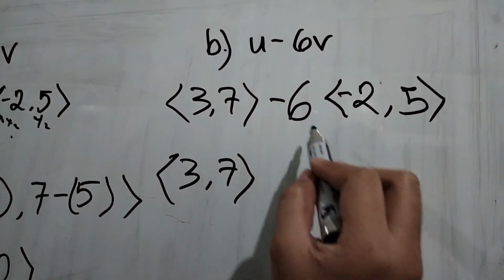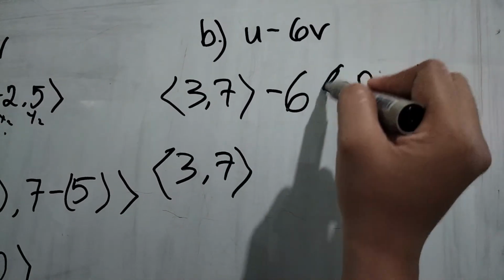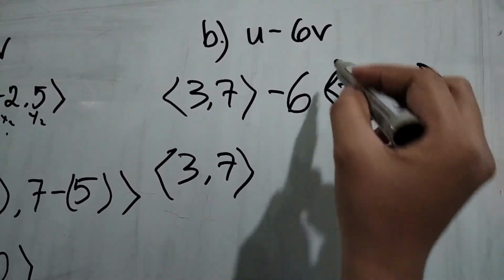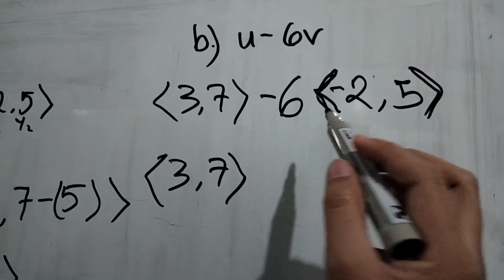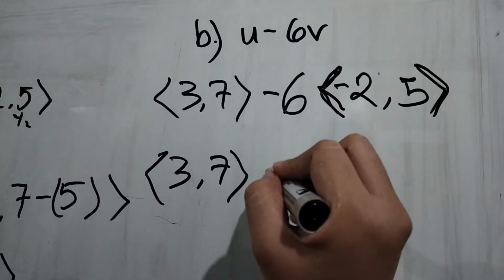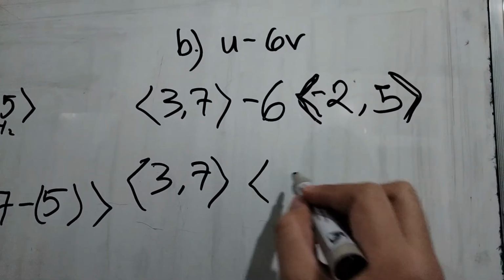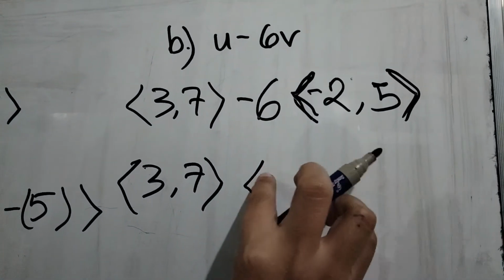Tapos, solve natin to. So, 3 times 6, guys, quantity lang yan. Negative 6 times negative 2 is negative 12. Negative times negative, positive pala.